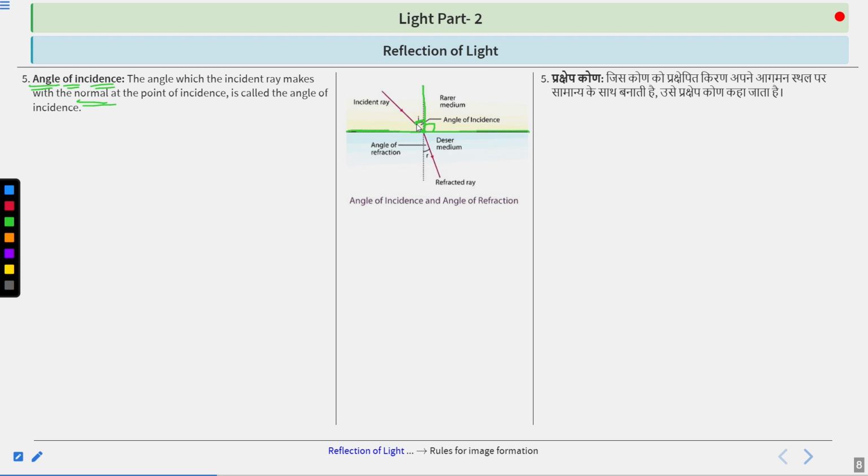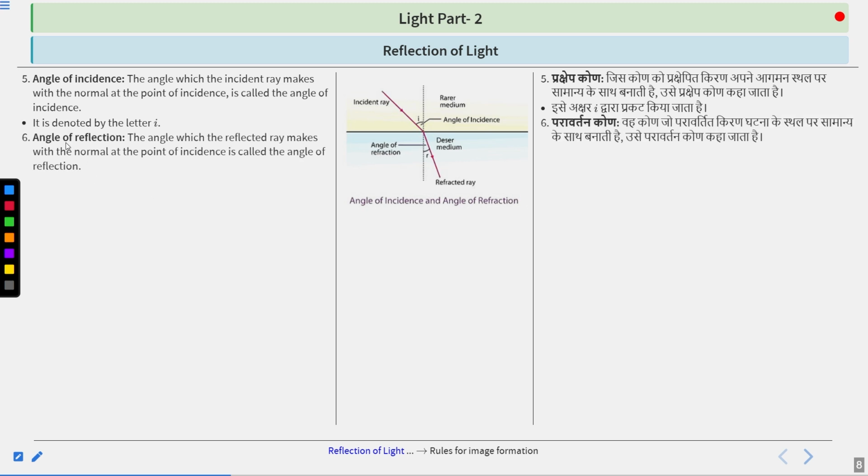This angle that the incident ray makes with the normal is known as the angle of incidence. The angle which the incident ray makes with the normal at the point of incidence is what we call the angle of incidence. It is denoted by the letter I.